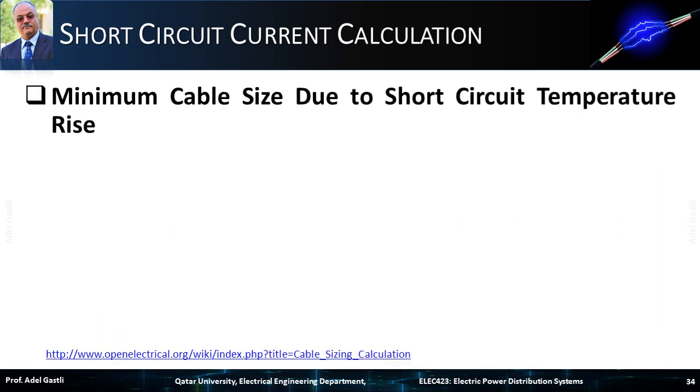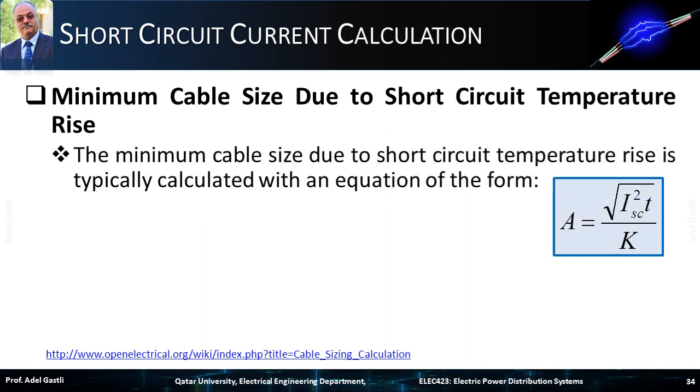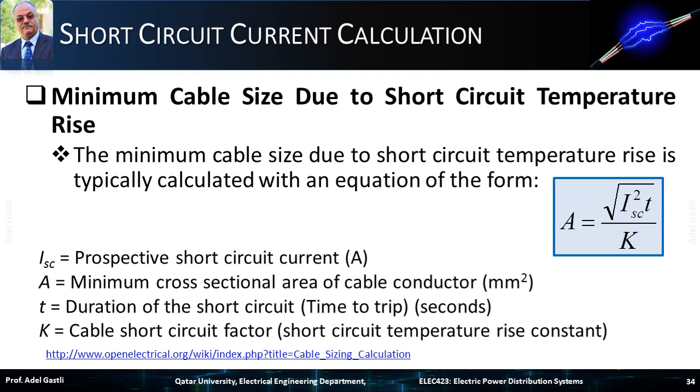Now, I will present the method of calculating the minimum cable size due to short circuit temperature rise. The minimum cable size due to short circuit temperature rise is typically calculated with an equation of the form, where ISC is the prospective short circuit current, in amperes.